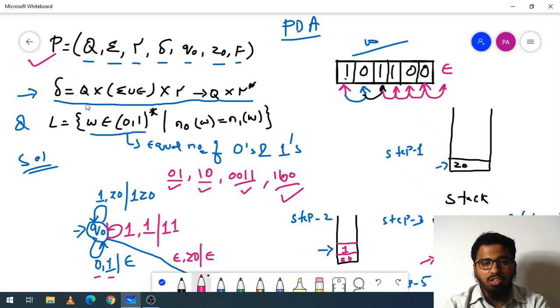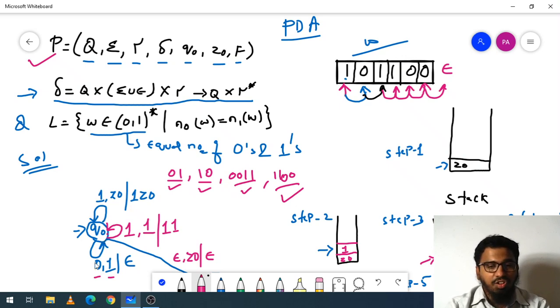What is sigma? Sigma is the string, which is 1. And what is tau? What is available in the stack? Z0. So 1 comma Z0 is the answer. Here Q cross tau closure.